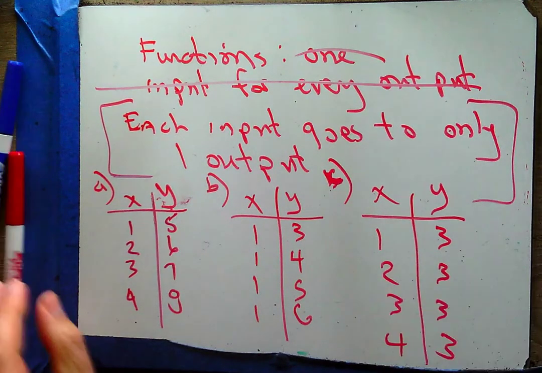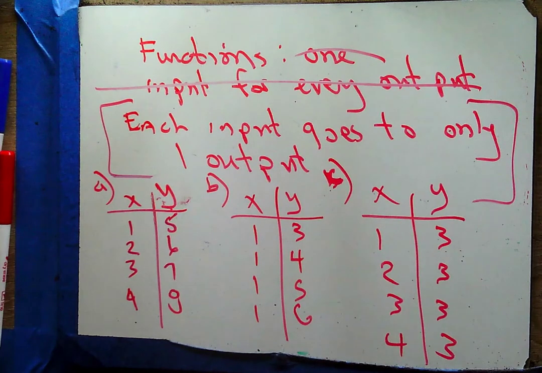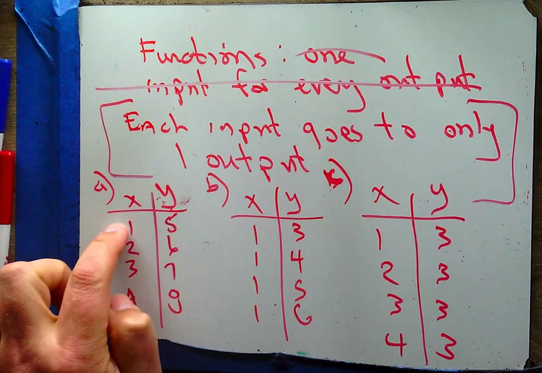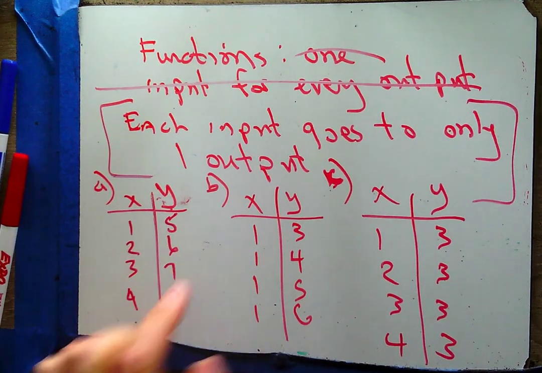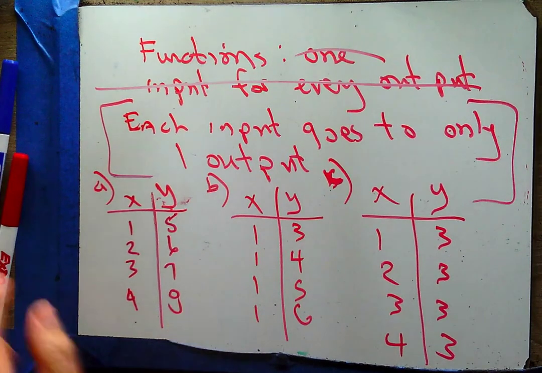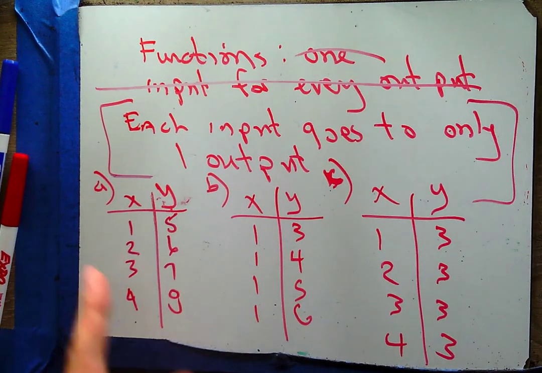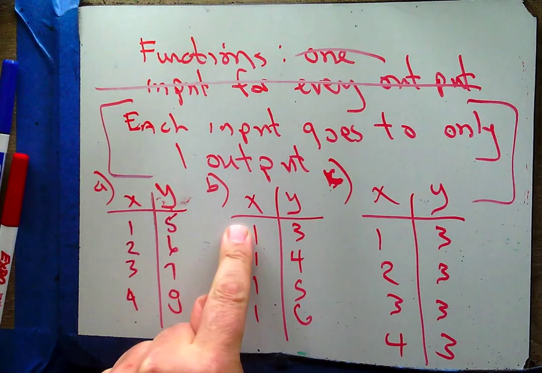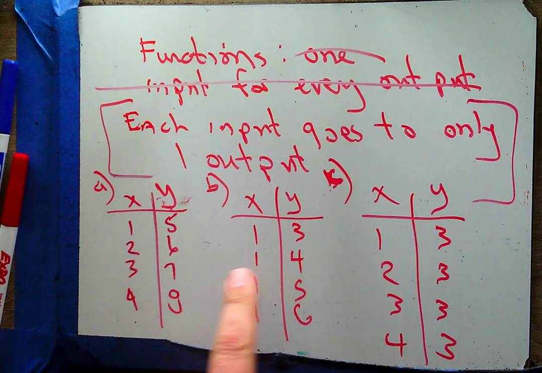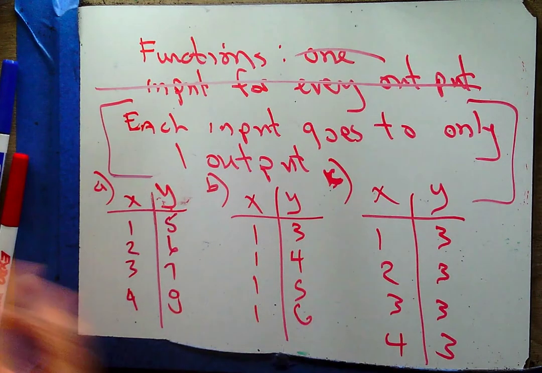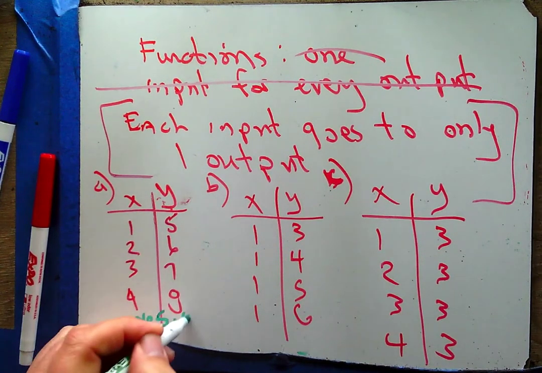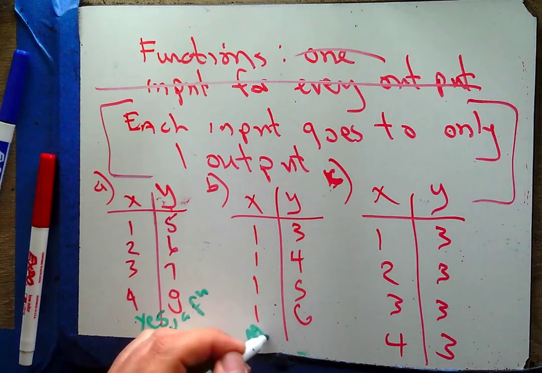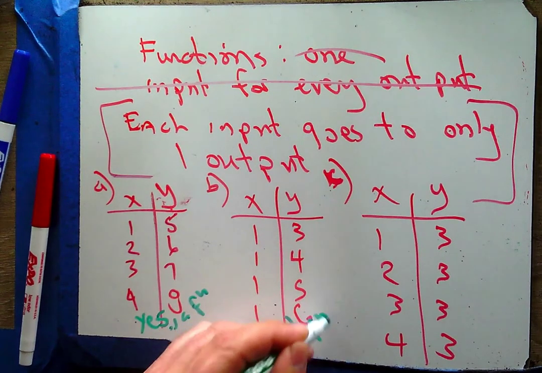According to each input goes to only one output. Well, this input only goes to 5, and this input only goes to 6, and this input only goes to 7, and this input only goes to 8. So that is a function because each input goes to only one output. But here, the input of 1 goes to first 3, and then to 4, and then to 5, and then to 6. So this is yes, a function. This is no, not a function.